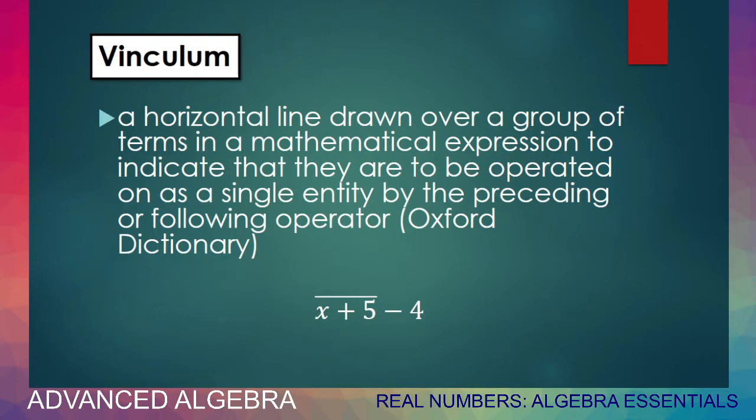So, ibig sabihin, kapag may Venn column dun sa expression or dun sa algebraic expression na x plus 5 or any na pinagsama si variable at saka si number, tapos nilagyan ng Venn column sa taas, uunahin mo siyang isolve bago yung kasunod. Okay? So yun yung iba pang gamit ng Venn column. Okay, may encounter natin siya sa mga following examples or following topics.